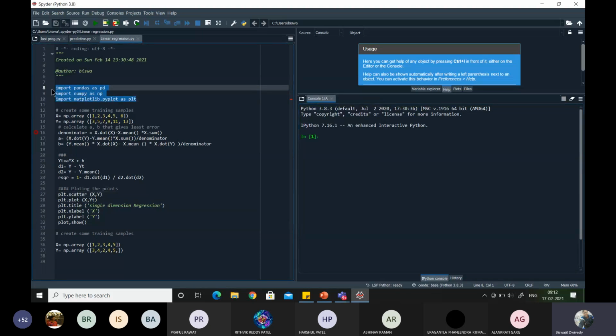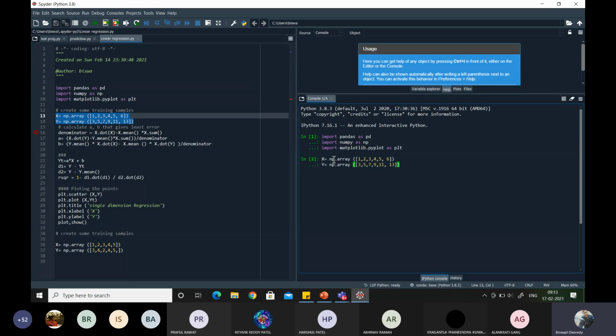So let us import this library first here. And next, let us take these inputs. X is equal to this one and y is equal to this one. These are the two input values, two input vectors or arrays. You can also check the values. X is equal to, it will give you the values. Y is equal to, it will give you the values.